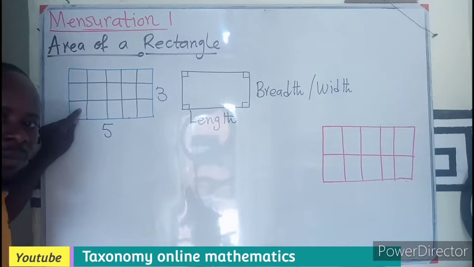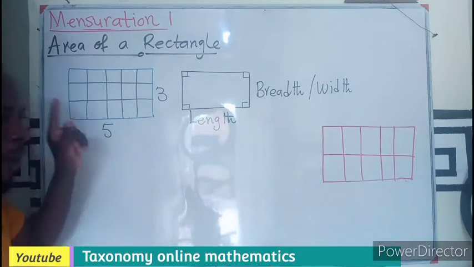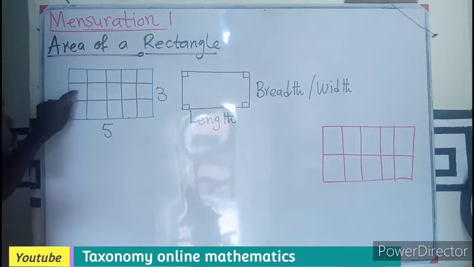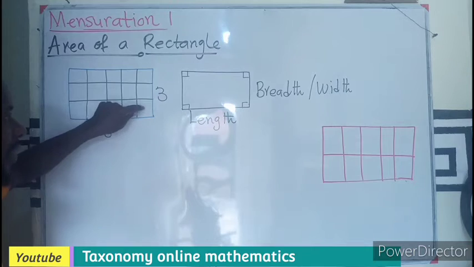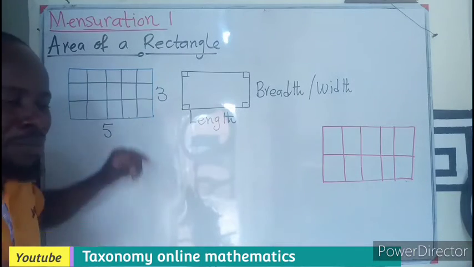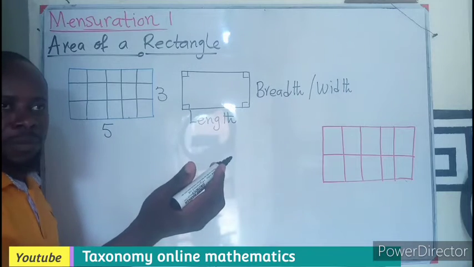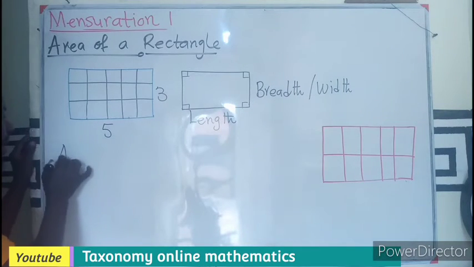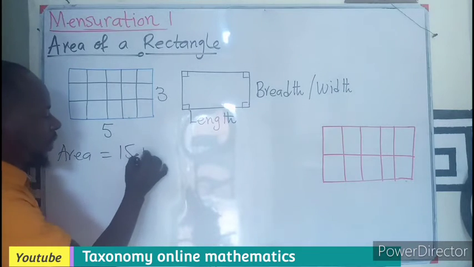This square unit covers an area of 1 unit, that's 1 meter square or 1 centimeter square. So 2, 3, 4, 5, 6, 7, 8, 9, 10, 11, 12, 13, 14, 15. Meaning inside this space, there are 15 square units. So it means that the area covered by this book will just be 15 units.